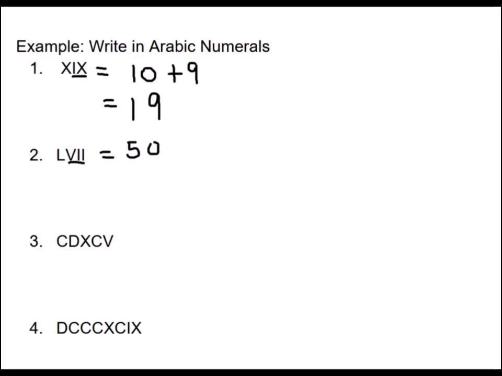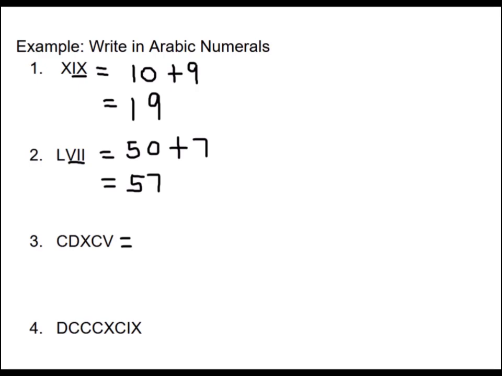Can you see that? And VII, that is what? 7. So 50 plus 7, that will give us what? 57. That's good. So let's move to number 3.